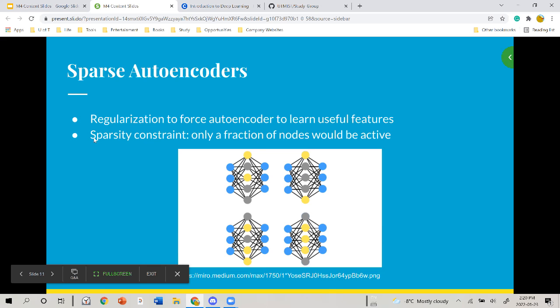You can change the sparsity constraint, so how many of the nodes will be active at one point. This is similar to the regularization that we talked about in past sessions that prevents overfitting. So by doing this, you can also force the autoencoder to learn the key features.